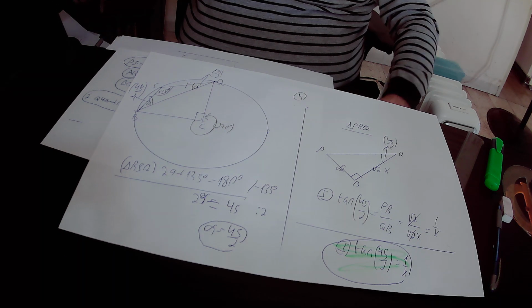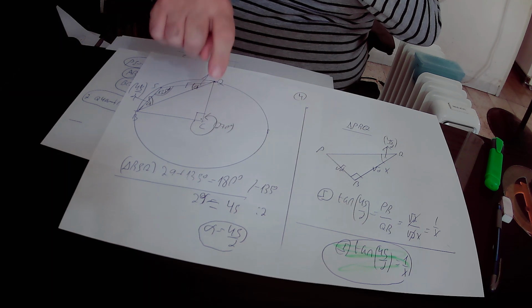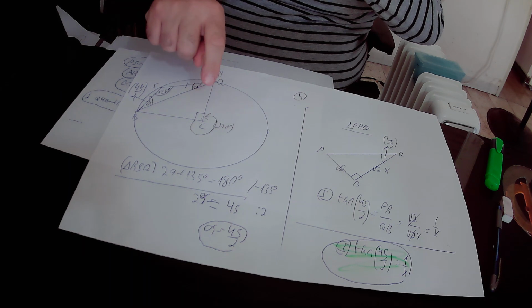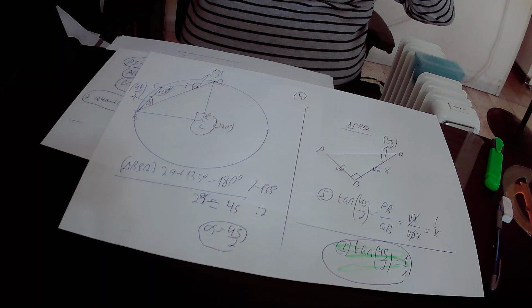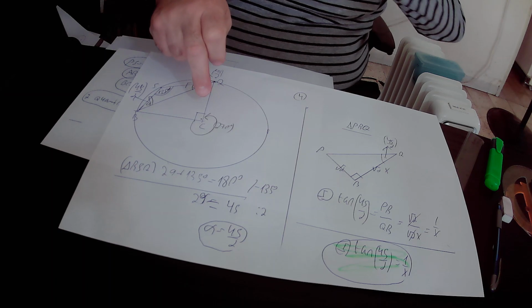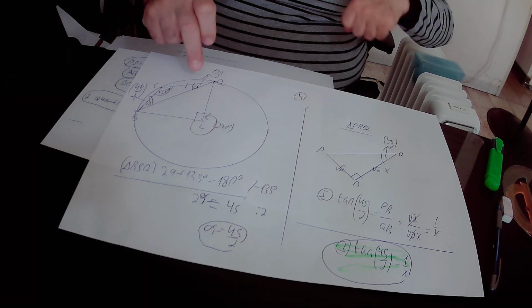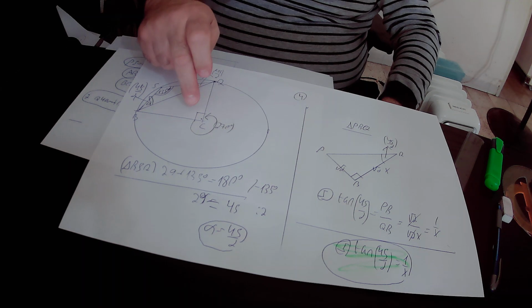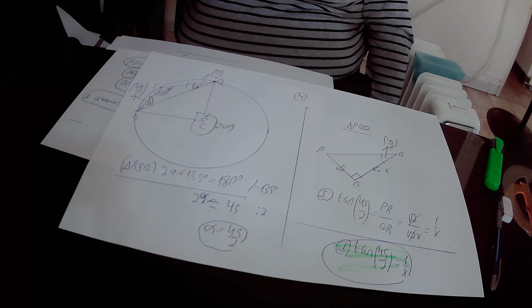Why? Because in our drawing, if we focus on point C, according to rule number 6, the sum of the angles around point C must be equal to 360 degrees. So which angles do we have around point C? We have this angle that's equal to 90 degrees plus the missing angle. In total, they must be equal to 360 degrees according to rule number 6.